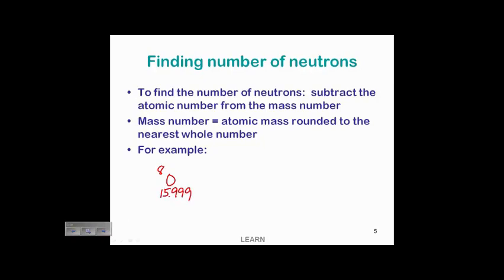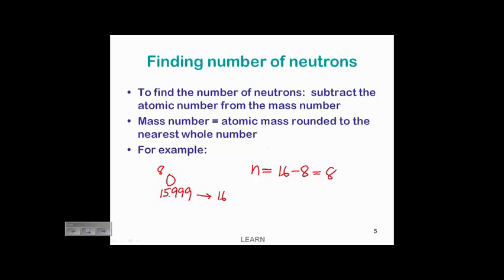So that's my atomic mass, and I need to round that off to the nearest whole number, which is 16. To find how many neutrons it has, I take this 16, the sum of all the neutrons and the protons, minus the 8 we got before. So there are likely to be 8 neutrons.